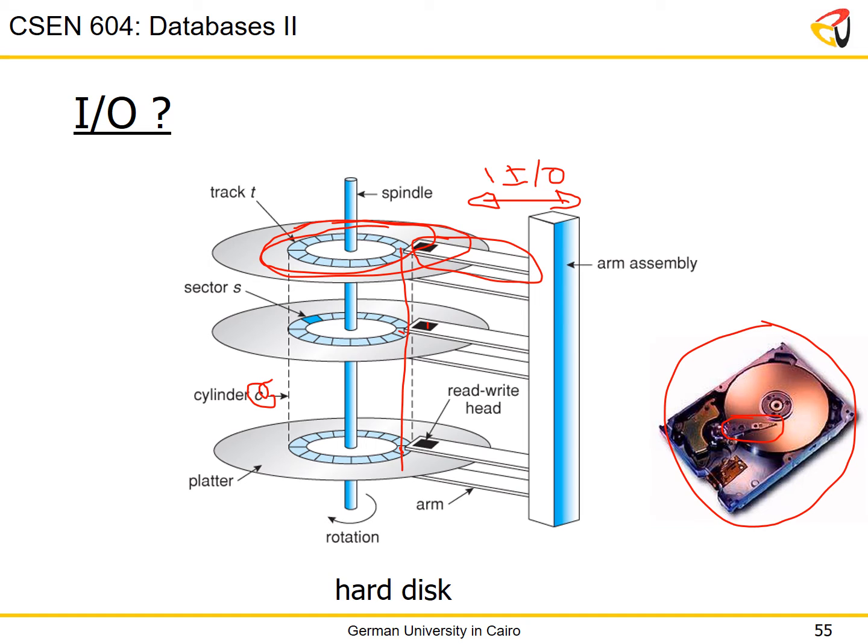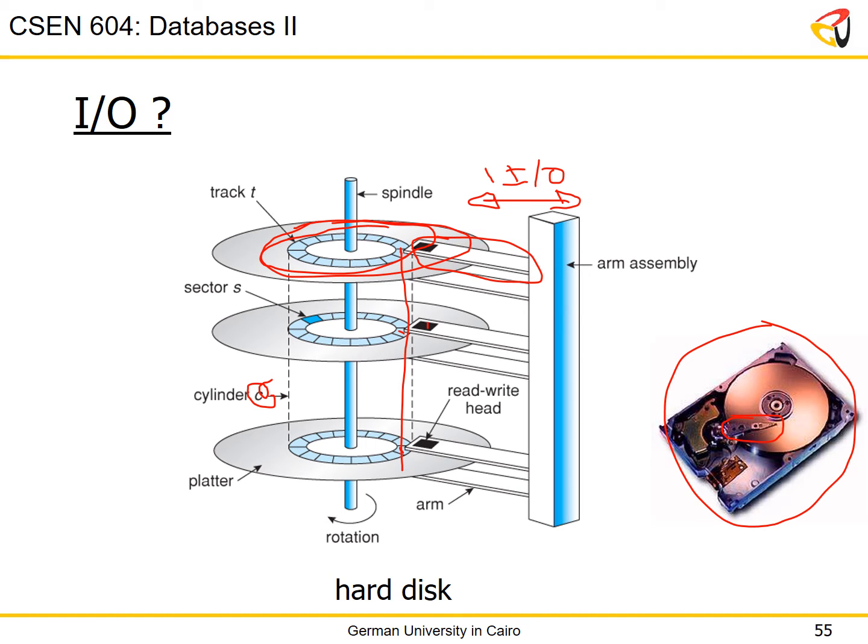Now, the hard disk consists of platters, as probably you remember from your quiz, and the platter has two sides. The platter has tracks. They are divided into sectors, and this head that is labeled in black reads from a sector.